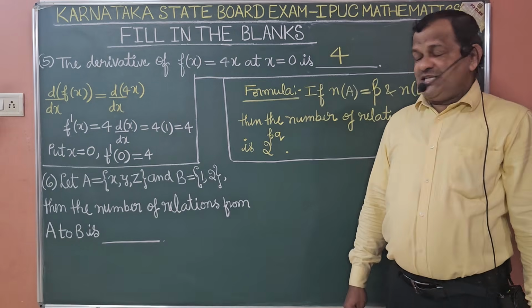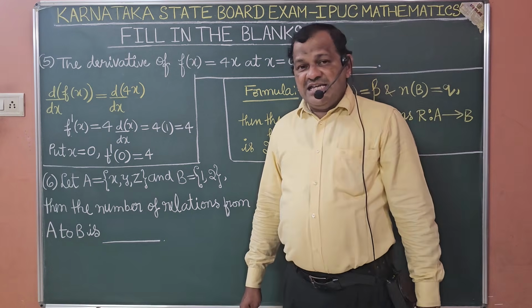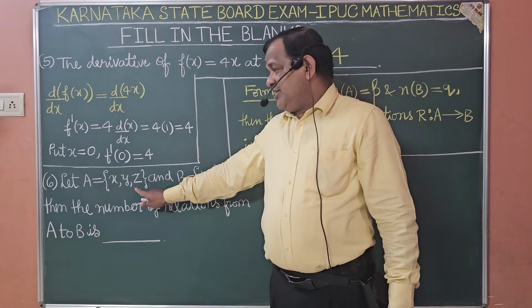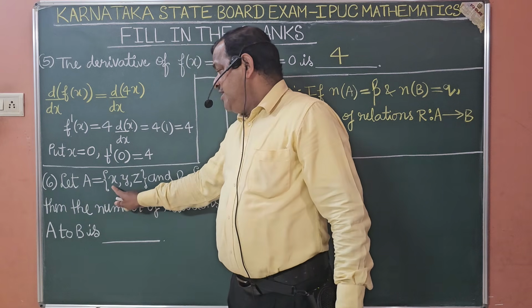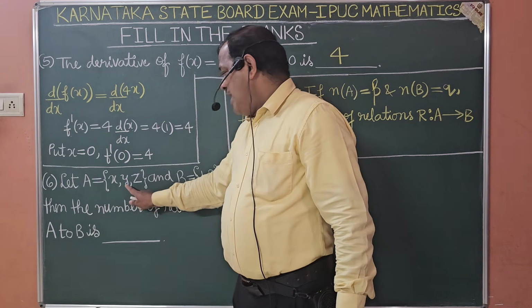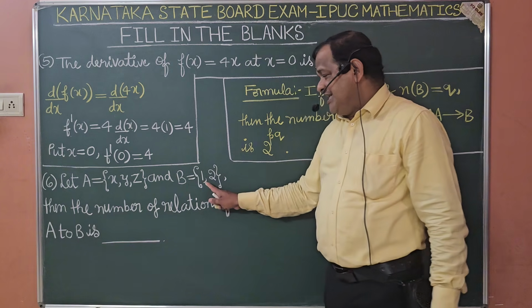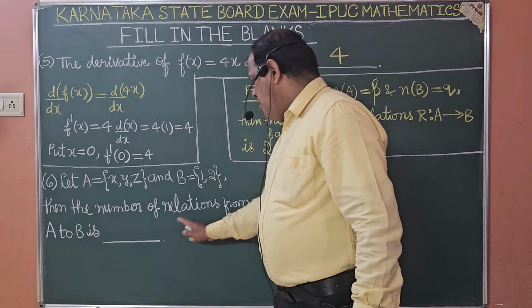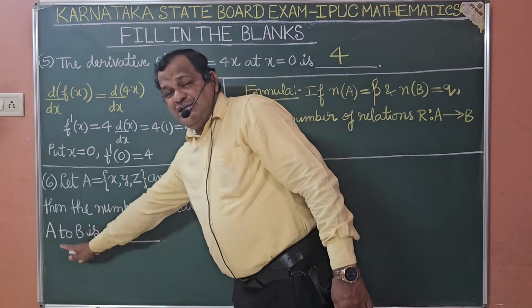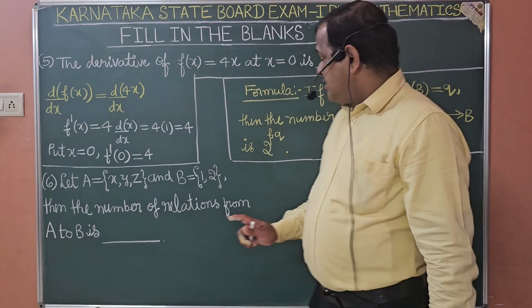Here is the sixth fill in the blank, again from the Relations and Functions chapter. Let set A contain 3 elements x, y, z, and set B contain 2 elements 1, 2. Then the number of relations from A to B is, it is based on a formula.